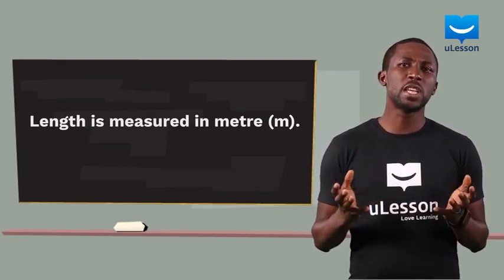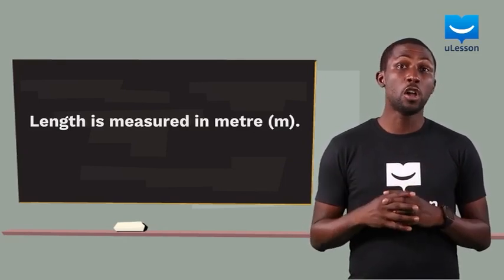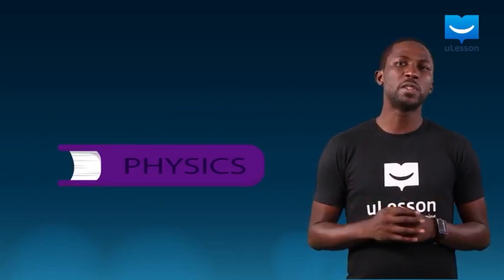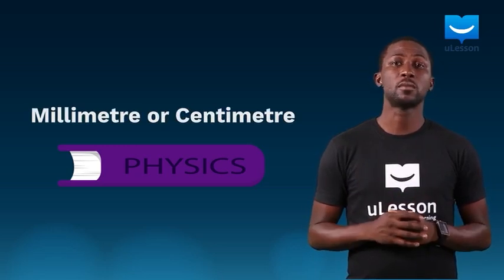Smaller and larger scales are used for either very small distances, like the thickness of your hair, or for very large sizes, like the radius of the earth. For sizes like the thickness of your hair or the thickness of your textbook, we use very small scales like the millimeters or centimeters.